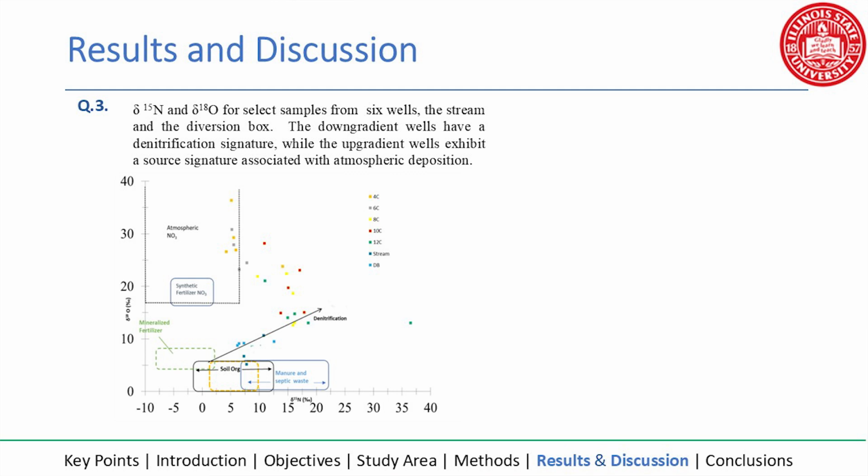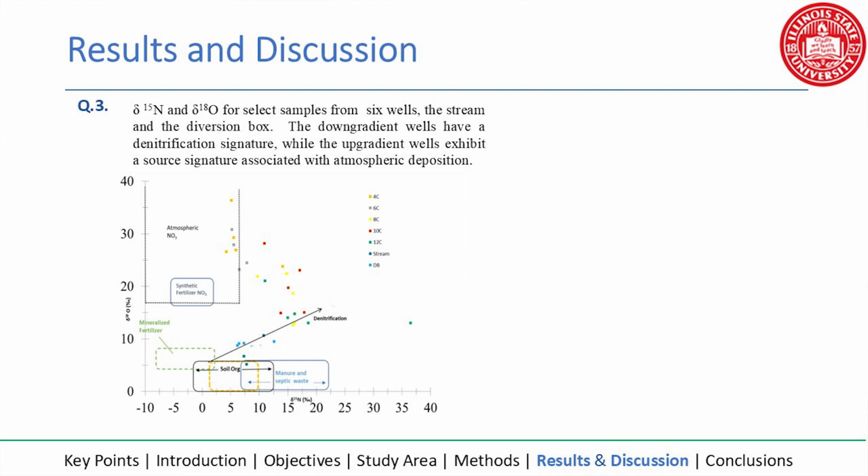And then if it is denitrifying, it will follow a certain pattern because of how the microbes are pulling out the nitrogen. So we see we've got a pool here that would be considered atmospheric nitrogen. We have a pool down here that is soil and fertilizers. And then we've got some septic down here as well.